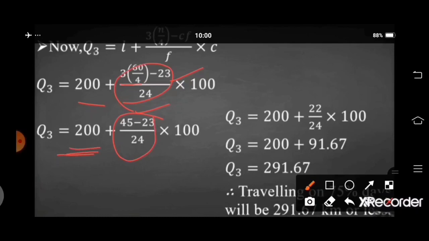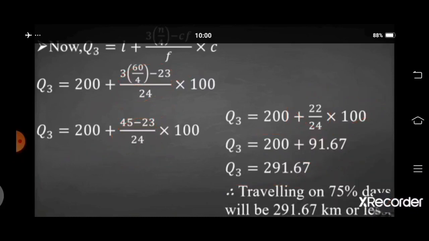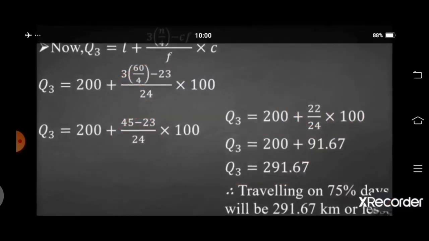Then 200 as it is, we solve this and write 90.167. By adding this we will get quartile 3 equal to 291.67.